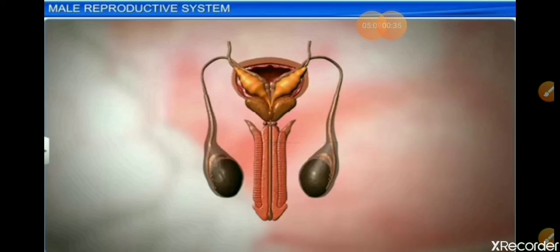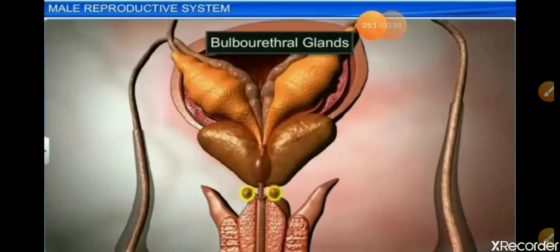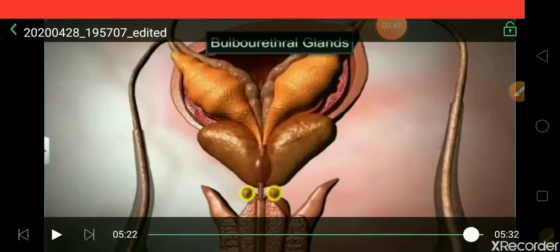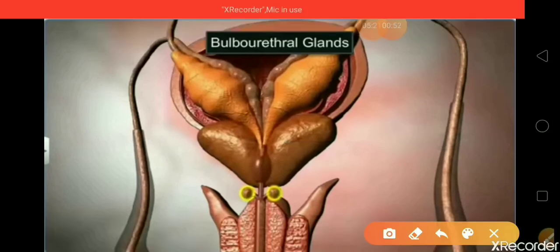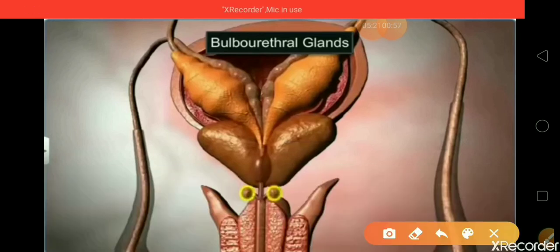They will all be connected to the urethra. Just see the location of this. You can see here the vas deferens, and this is the seminal vesicle, this is the prostate gland, and this is the bulbourethral gland.